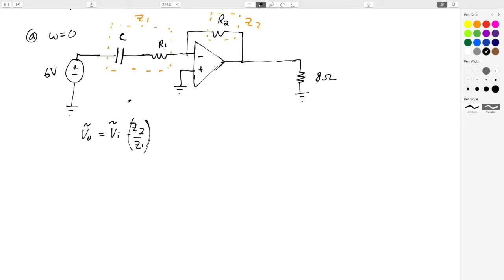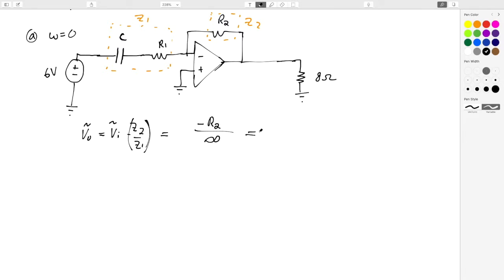If we look at this in DC, we don't even necessarily need the whole 1 over j omega c. What is a capacitor in DC? It's open. So the effective impedance is infinite: it's an open plus some finite value in series, and the larger one dominates. So it's going to end up being negative R2 over infinity, and I know that's not 100% mathematically robust to write, but whatever.